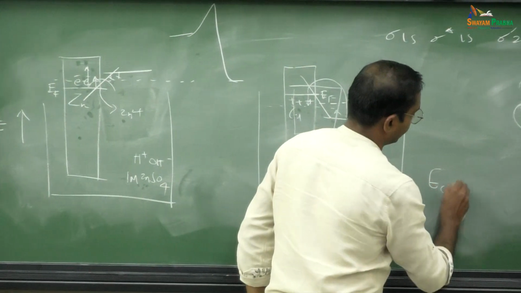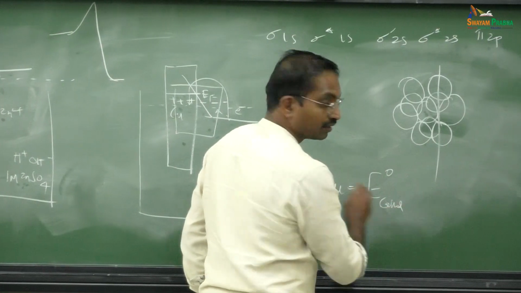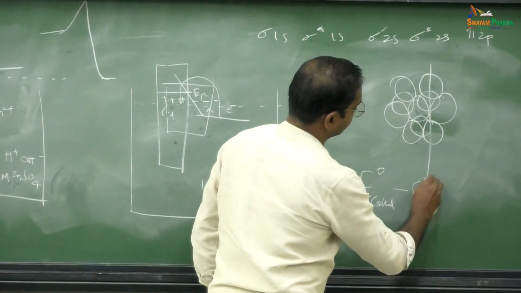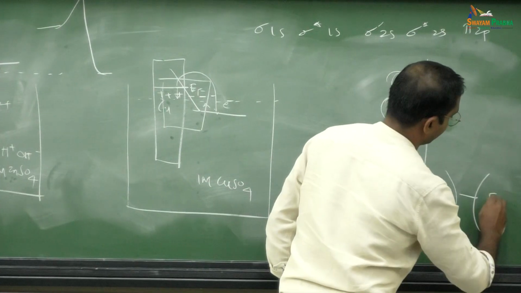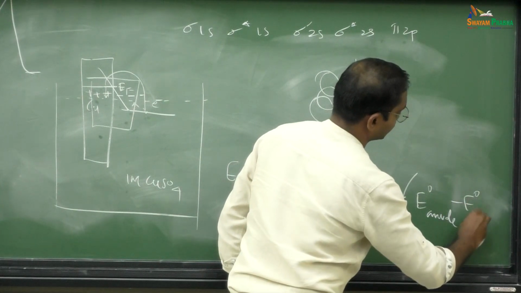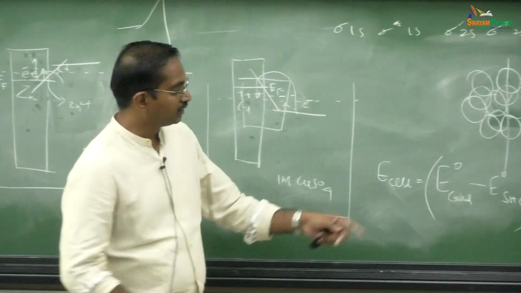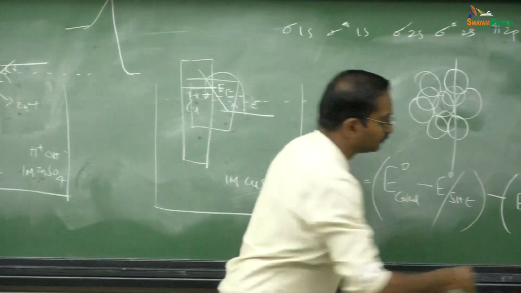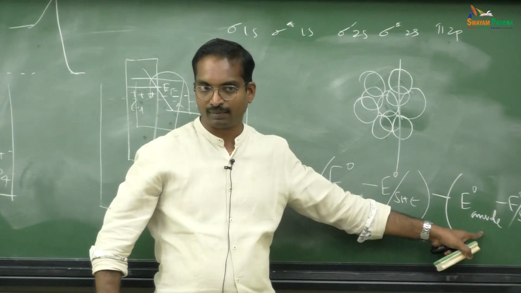E cell is the potential of your cathode with respect to the potential of the standard hydrogen electrode, minus the potential of your anode with respect to the potential of the standard hydrogen electrode. Okay. Now, this will reduce to E cathode minus E anode. Am I right?